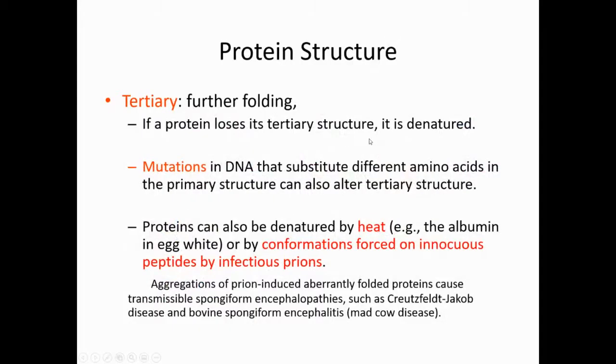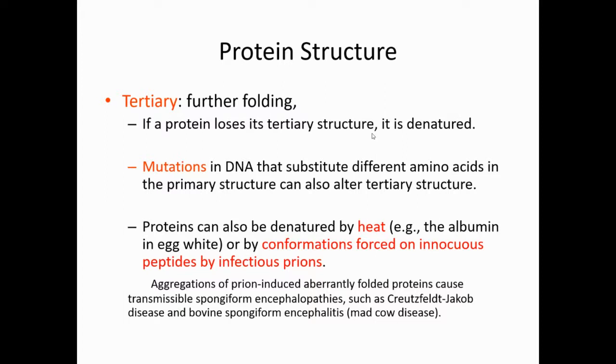For the tertiary structure, basically it's a three-dimensional arrangement of all the atoms in a single polypeptide. The interactions between the side chains play an important role in the folding of the protein, and these include the peptide backbone hydrogen bonding.